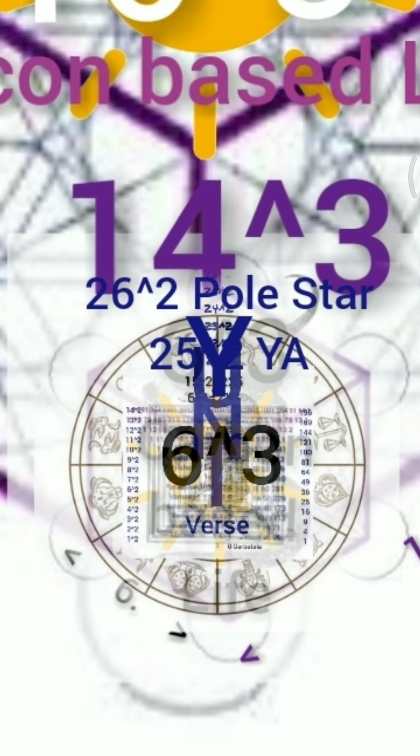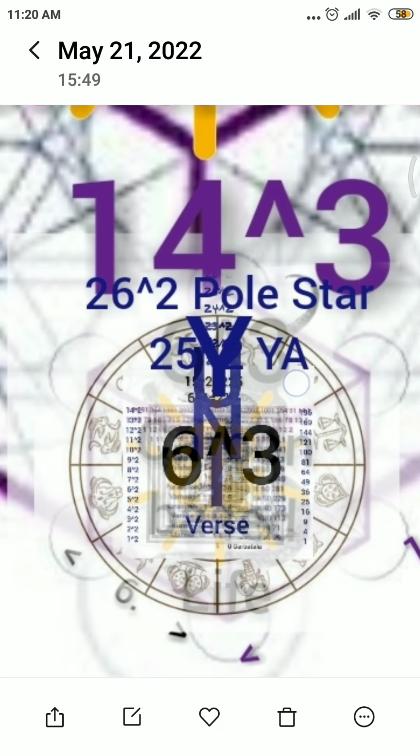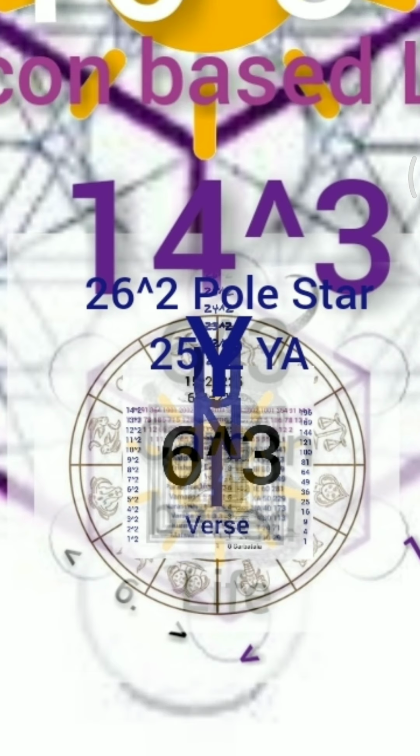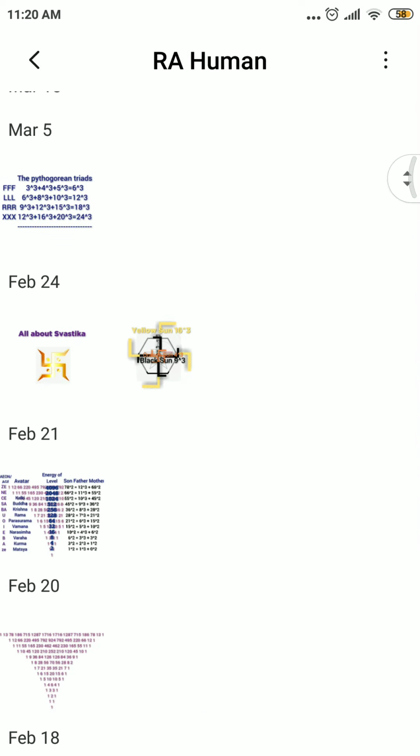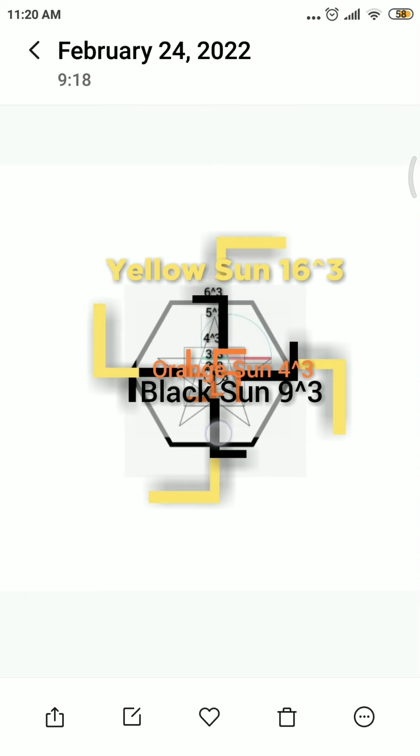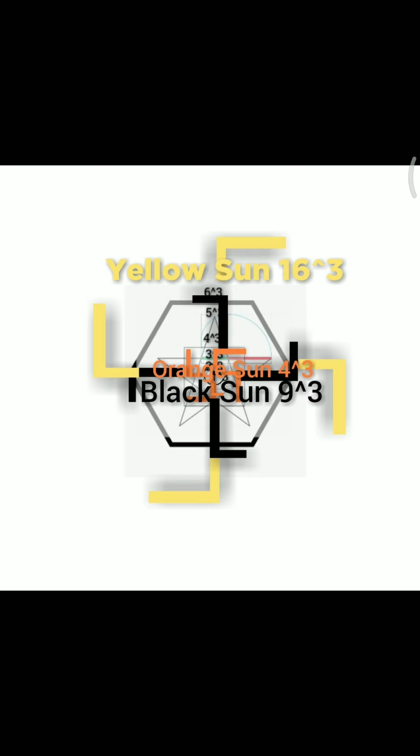From those 12 constellations, I have explained earlier about the swastika, I think, yeah, here. So here, this is the regular sun. We have a black sun 9 cube, I told you, and we have another white sun. Actually, the white sun is missing here. There is a 12 cube also.